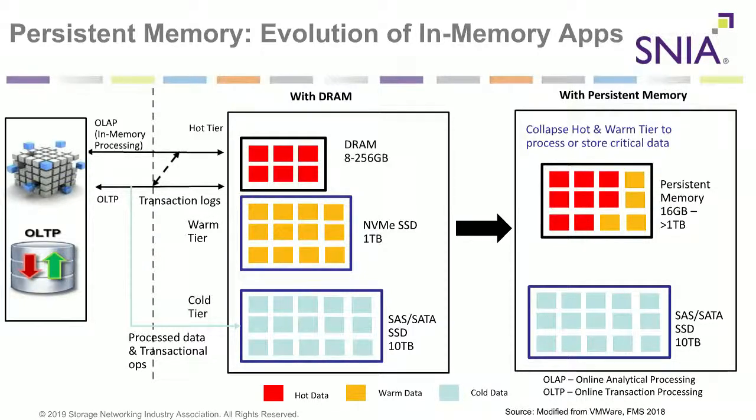But with the new persistent memory technology, what you can do is combine both the hot and the warm data in the persistent memory itself, so that you don't actually have to create two tiers. You will have access to both data at all times with a low latency. So you don't actually have to do tiering from a hot and warm perspective.